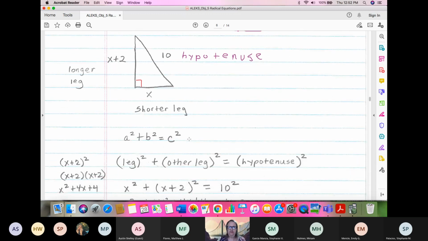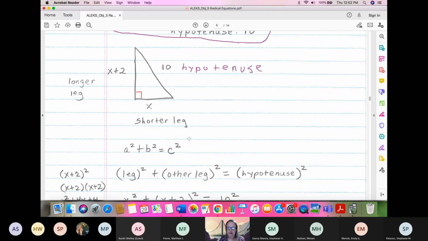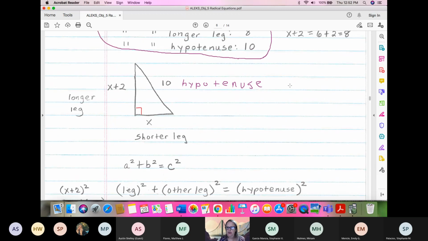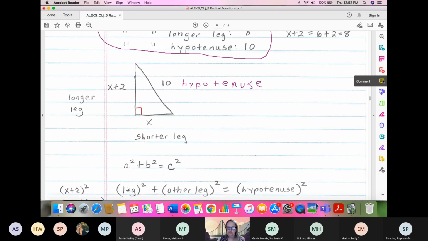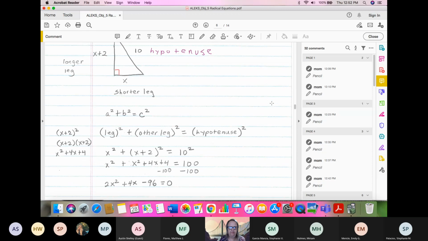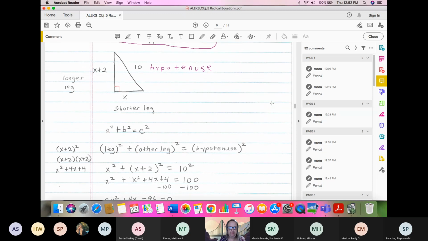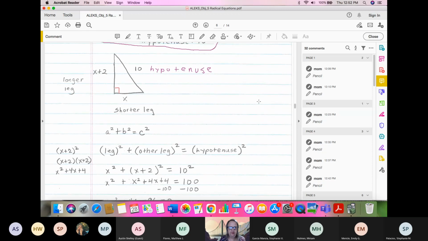And the Pythagorean theorem says, and let me label this correctly for the problem. That would be X. So this is going to be A on this side. This is side A in the Pythagorean theorem.